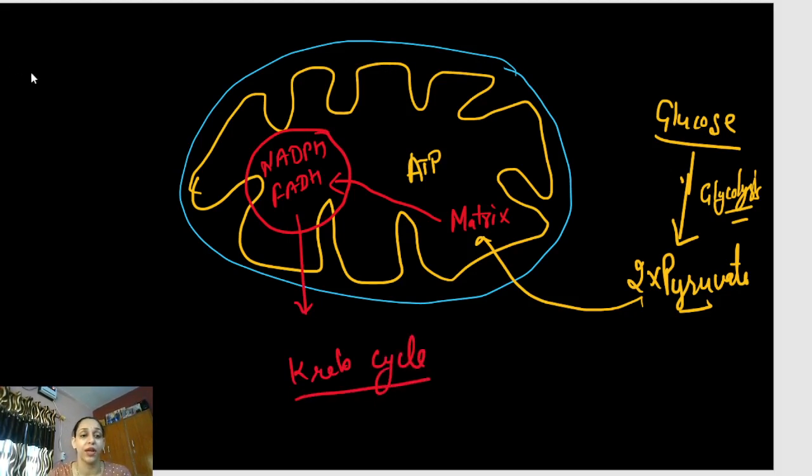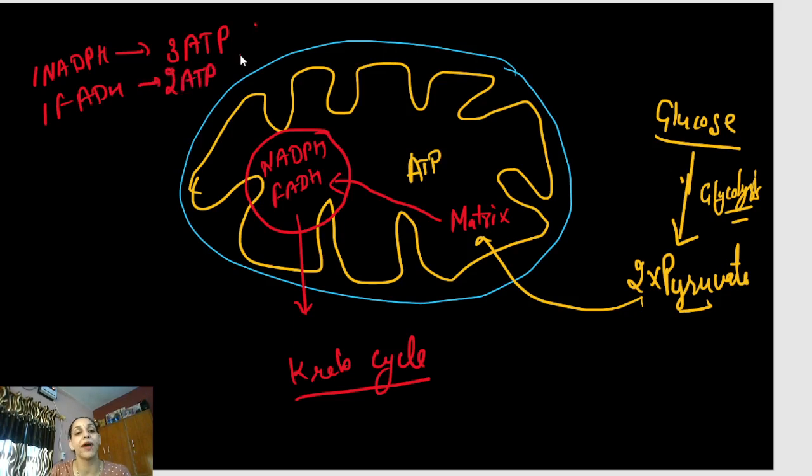Now ATP was not formed, what was formed? NADPH and FADH. One NADPH forms 3 ATP and one FADH forms 2 ATP by the electron transport chain.